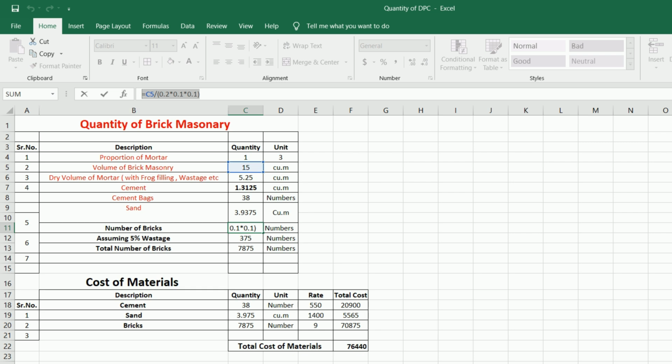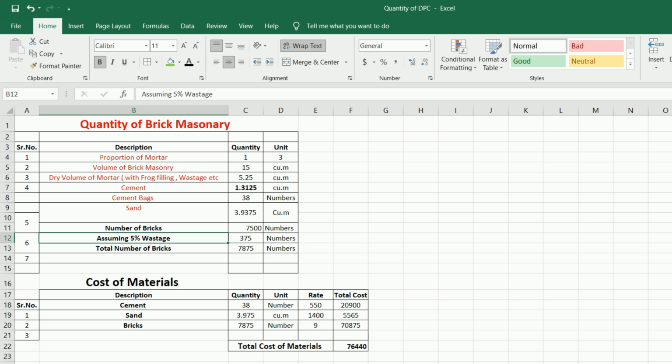The length is 0.25 meter, or 20 centimeter, into 10 centimeter. Convert it to the meter, 0.1 into 10 centimeter, which is 0.1 meter. So when you enter this, you will get the total numbers of bricks, which is 7,500 numbers.